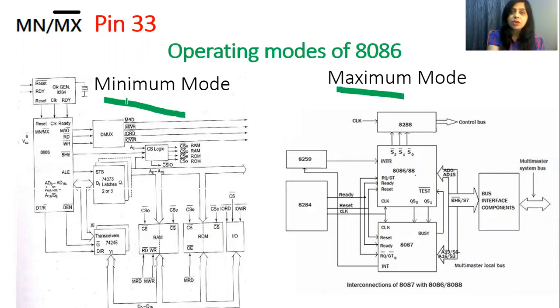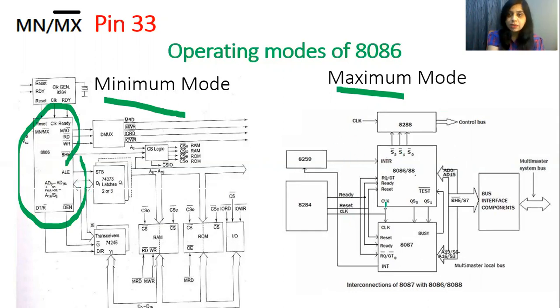Now what is the meaning of minimum mode? In a system, if there is a single 8086 microprocessor, then we say 8086 is operating in minimum mode. Remember, in any system, if there is only one 8086 processor, it is minimum mode. Then what is maximum mode?